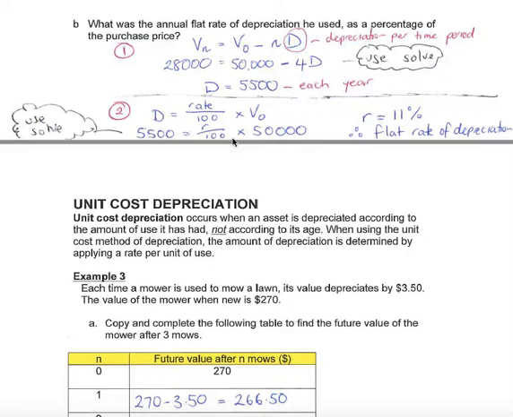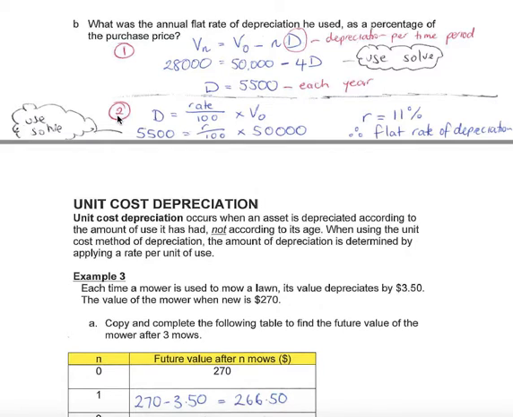Then it asks what was the annual flat rate. So the first step we need to do is find the depreciation per time period and then find out the percentage. So the value at 2016, 28,000, is equal to the initial value, take 4 times D, so there were 4 years between 2012 and 2016, and then to find D, we can use the solve function on the calculator, so remember comma D, and you get 5,500 per year.